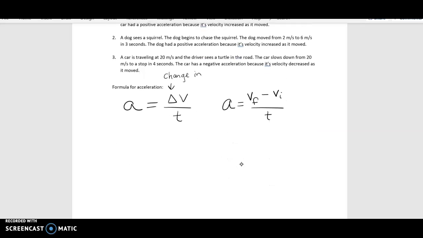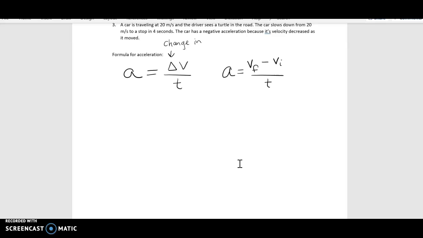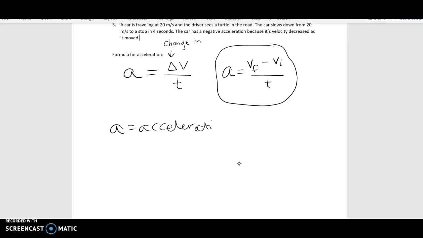So let me go down here and write out what everything means. These two formulas are the same. This is just saying a change in, and because it's going from an initial velocity to a final velocity, that is a change in. So here's the formula that you want to use in your word problems. A stands for acceleration, and we measure that in meters per second squared.